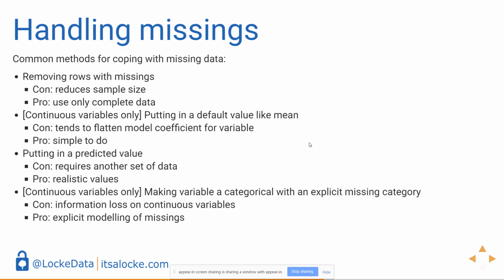You can do imputation, so you can predict. So using the mean is a prediction that the value is going to be close to the mean. We can do something more sophisticated, like actually running a linear regression with other variables to predict a missing value.